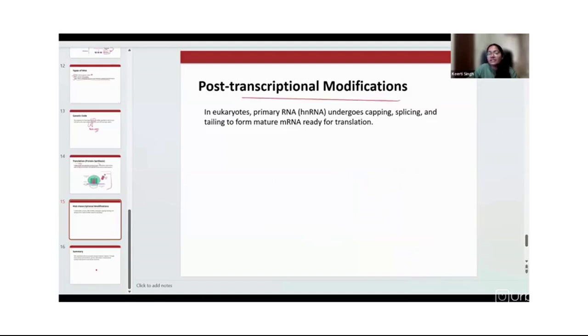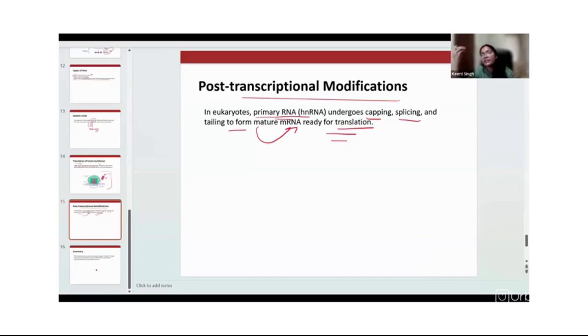This primary RNA that is generated from the DNA, while carrying the information decoded from the DNA, will go through a set of processes such as capping, splicing, and tailing. This will all lead to the formation of mature mRNA, which will ultimately be used for translation.